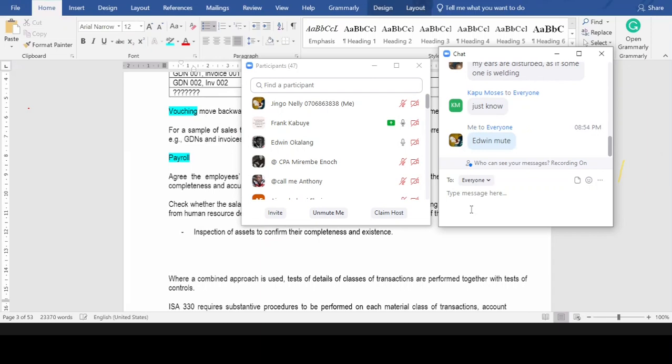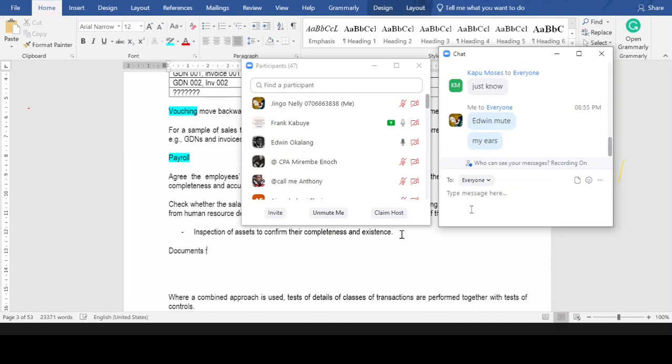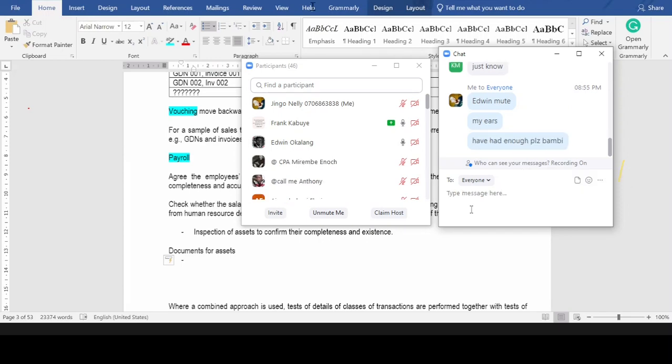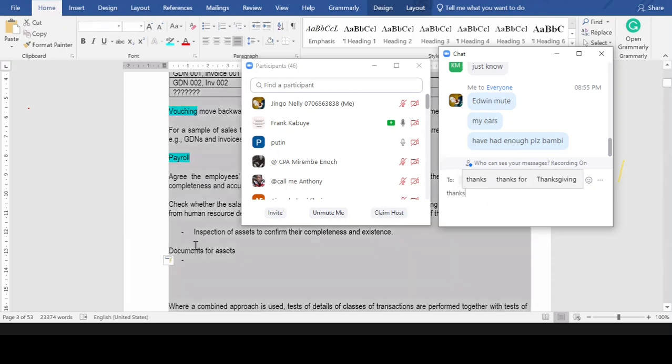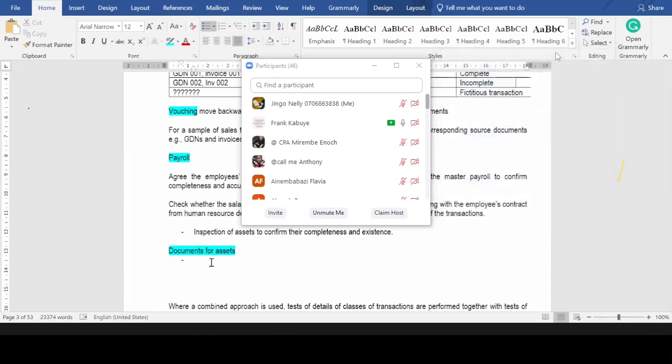So what are some of the source documents for assets? For example, we have the first document for assets, from IAS 16. Receipt for the asset. Asset register.